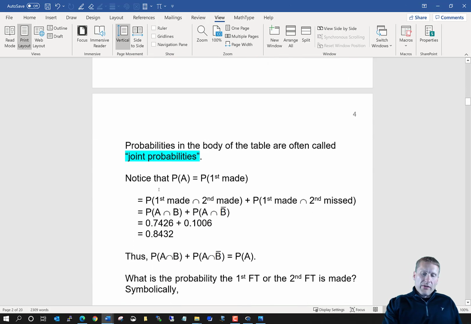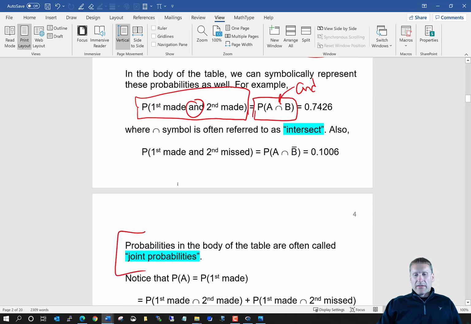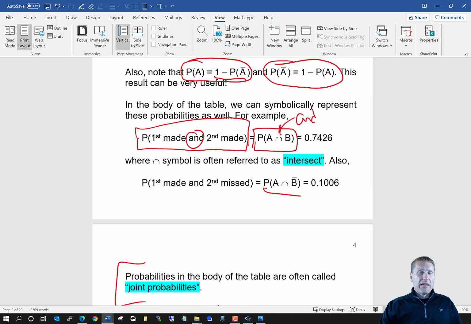These probabilities like this, so we could also look at, let's say, the probability of A intersect B bar, probability of A bar intersect B, probability of A bar intersect B bar as well. These probabilities are called joint probabilities because they give us the probabilities of more than one event together.